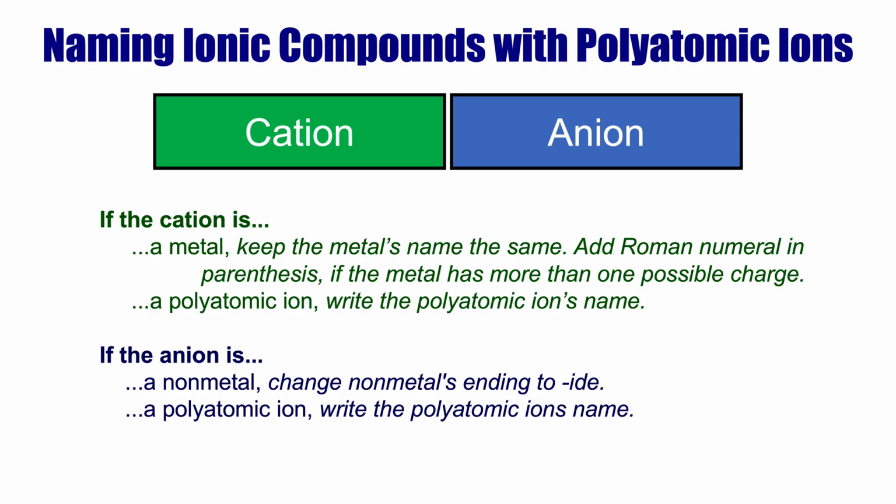For the anion portion, if it is a single nonmetal, you need to change that nonmetal's ending to "ide." Now, if the cation or the anion is a polyatomic ion, all you have to do is leave that polyatomic ion's name the same. So all of the rules that we talked about still hold, but now if you have a polyatomic ion, you're just going to leave that polyatomic ion's name the same.